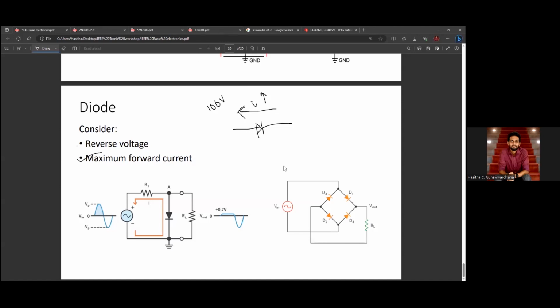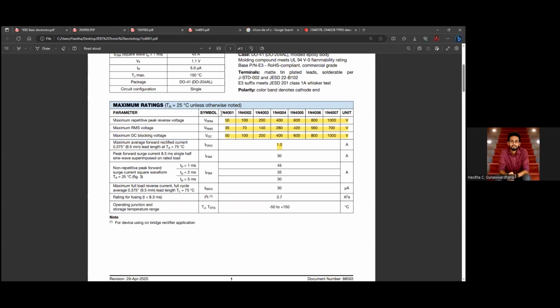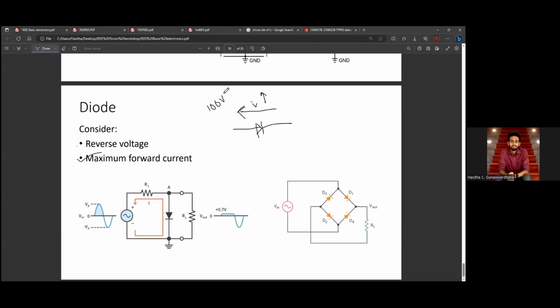If we use this diode model, the maximum value is 50. So when 100 volts are applied, this barrier, the resistance for the reverse direction, will break down, the current will start to flow in this direction, and additionally this component will be damaged. So we have to consider this as well.